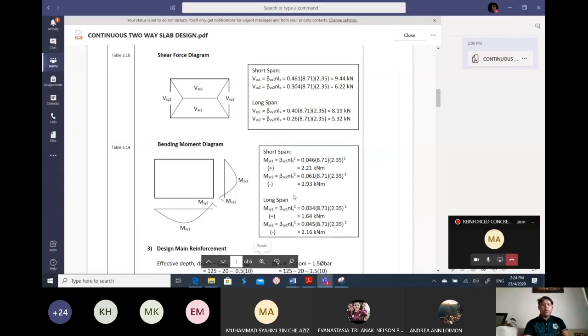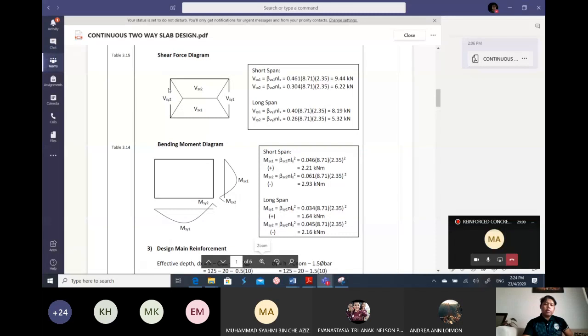Please be careful. For the short span, the value of the shear force is the value for Vsy. For the long span it is the value for Vsx. For example here, this is a continuous edge, considered as a continuous edge based on our diagram.